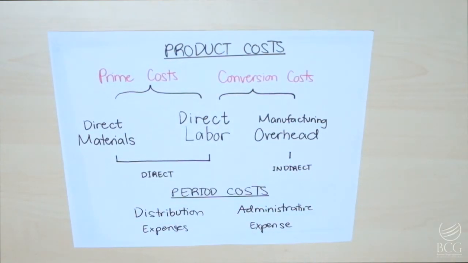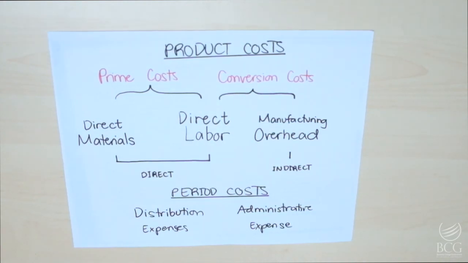So just to have a quick overview, our product costs consist of direct materials, direct labor, and manufacturing overhead. On the other hand, we have period costs, which consist of distribution expenses and administrative expenses. Direct materials and direct labor are considered direct costs, while manufacturing overhead is considered an indirect cost. If you combine direct materials and direct labor, then you will have what you call prime costs.